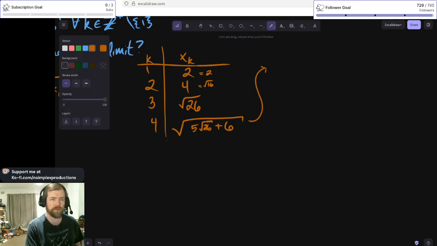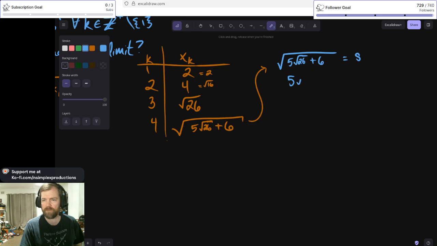This is more of a pre-calc thing. The square root of 5 root 26 plus 6 is equal to, we'll just call it x for the moment. That's not a good idea. It's going to be s for square root. Sure, why not?